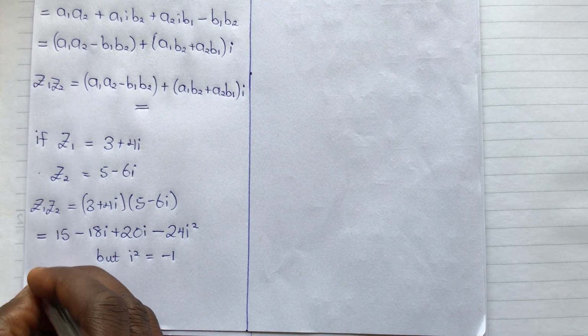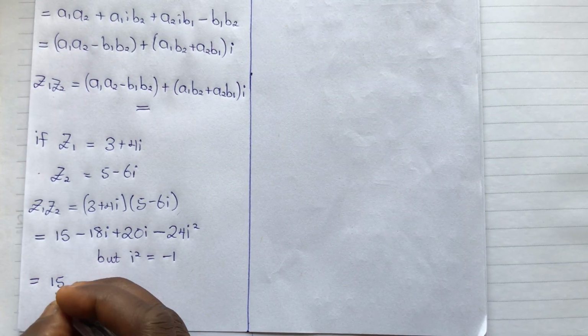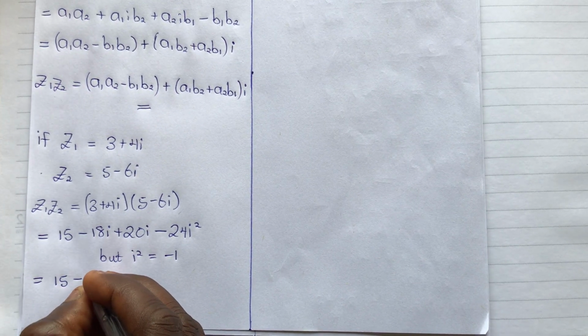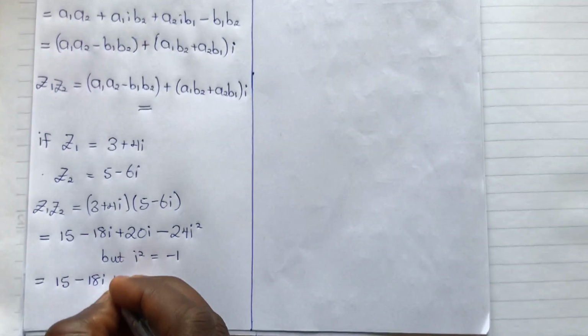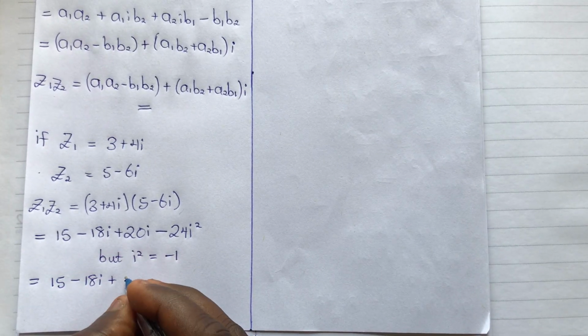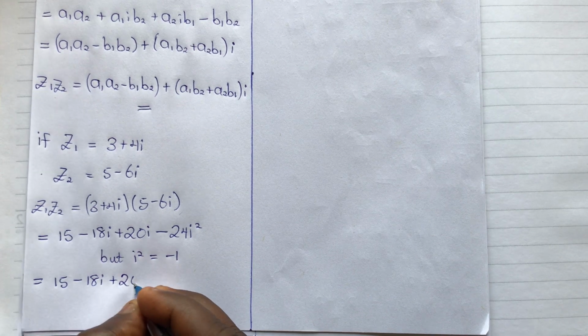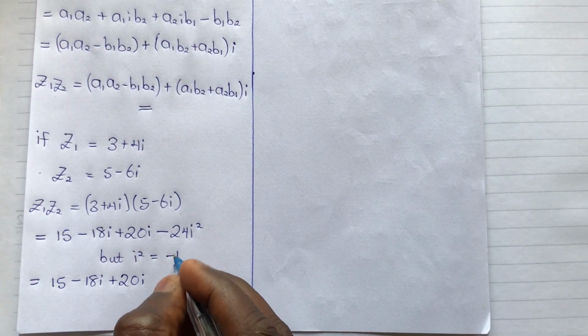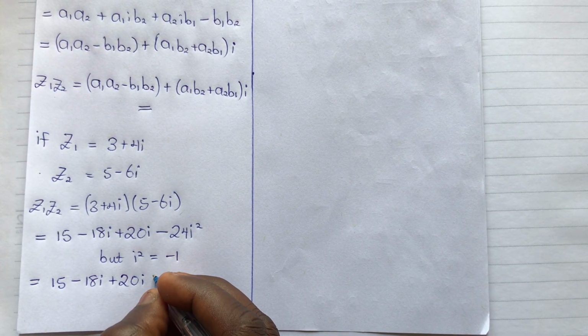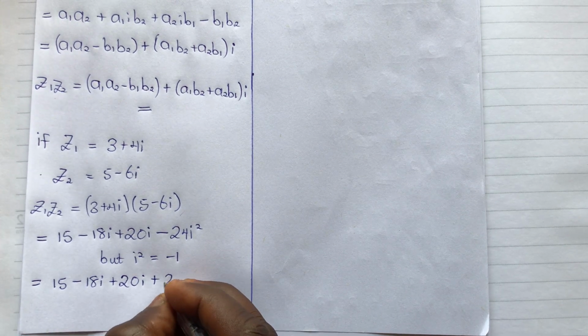So we have 15 - 18i + 20i, and when we substitute -1 here, we have plus 24.